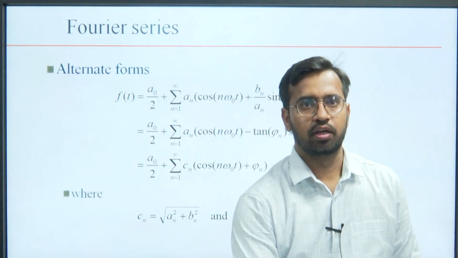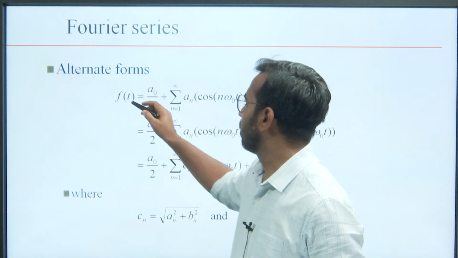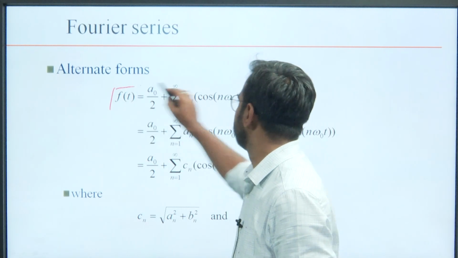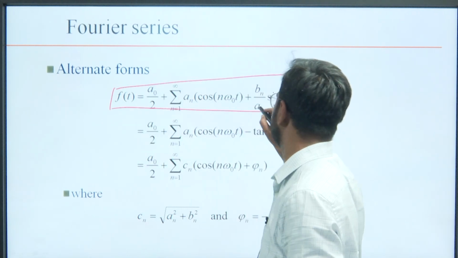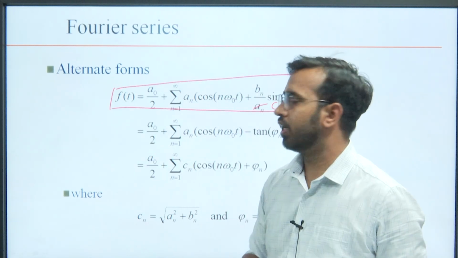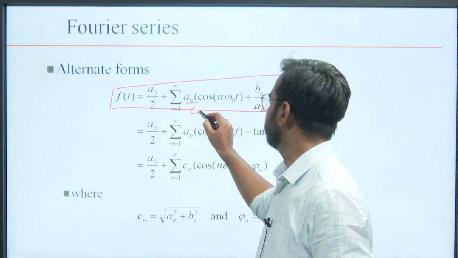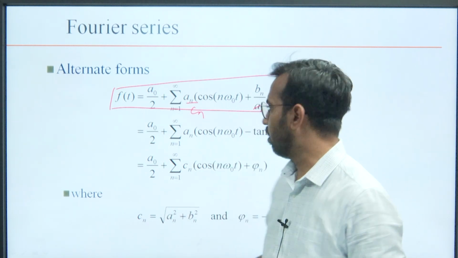Okay. Next, we have converted this form into another form, the compact form, with Cn. How have we got this form?